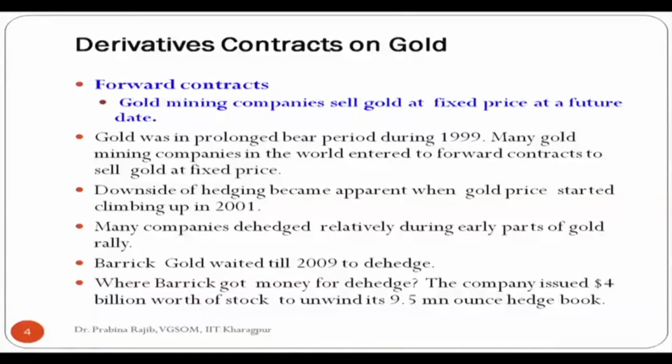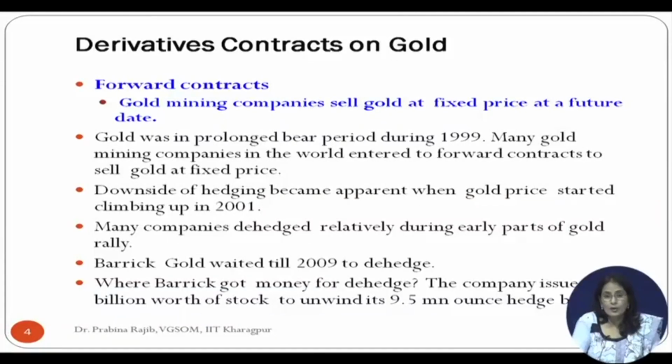As I mentioned, gold mining companies sell gold at a fixed price for a future date as part of a forward contract. Gold was in a prolonged bear period, actually from 1991, so many gold companies in the world entered into forward contracts to sell gold at a fixed price, and the downside of the hedging became apparent when gold price started to climb up during 2001.